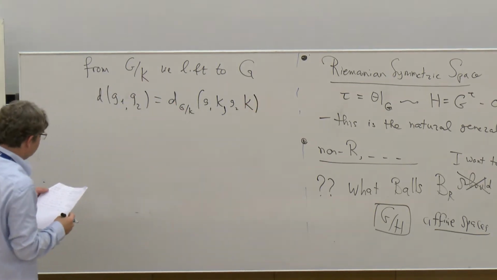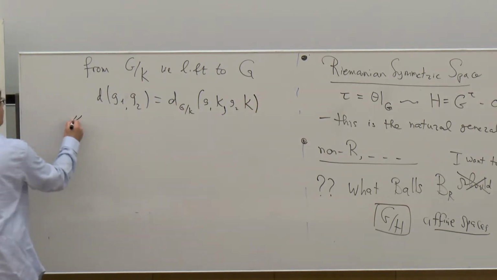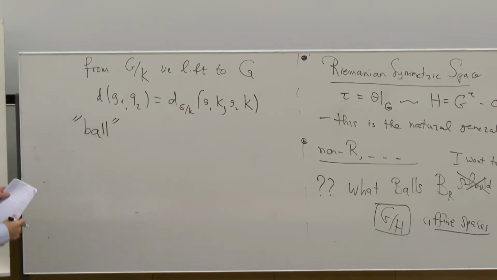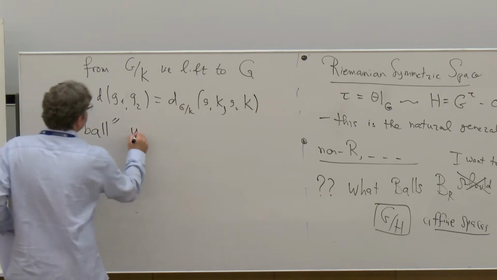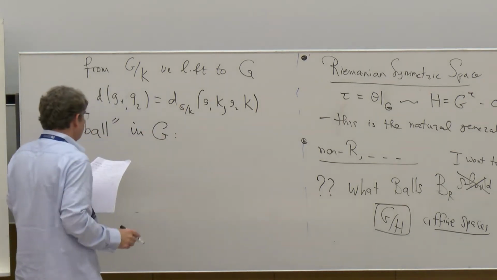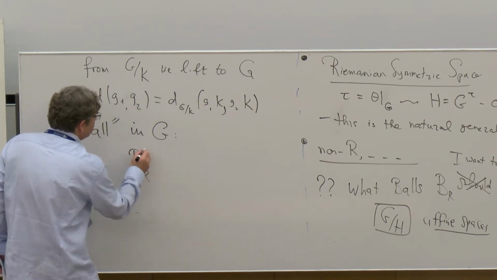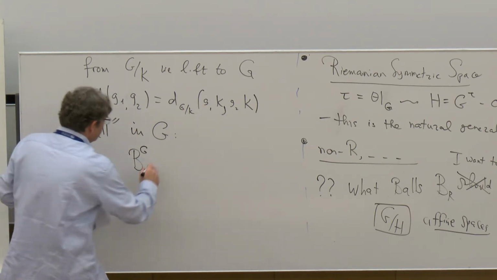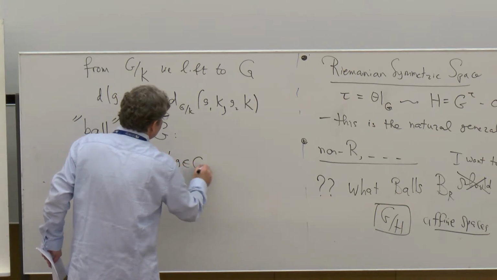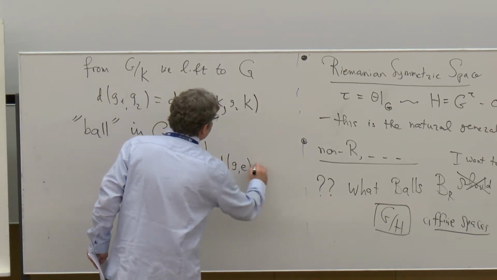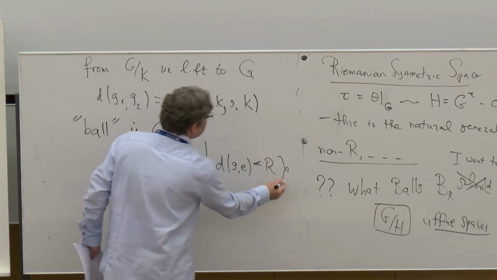And this allows us to define, well, I want to use the word ball, but this kind of a ball in G. This would be defined as follows. B_R, with G upstairs, is the collection of g in G which satisfy that their distance from the unit is less than R. Okay?